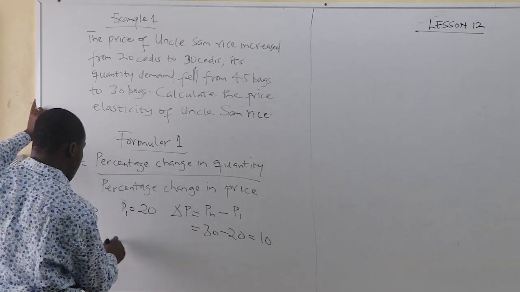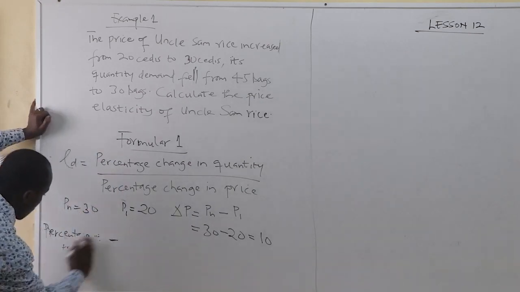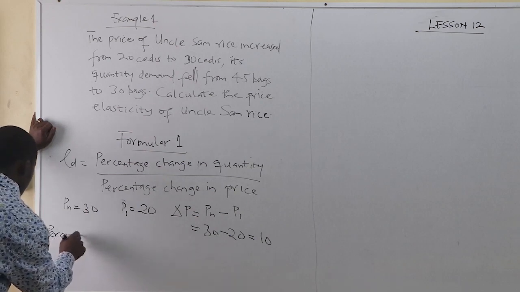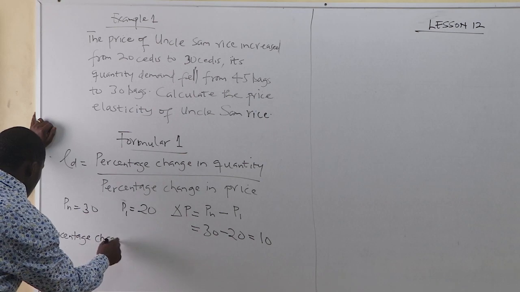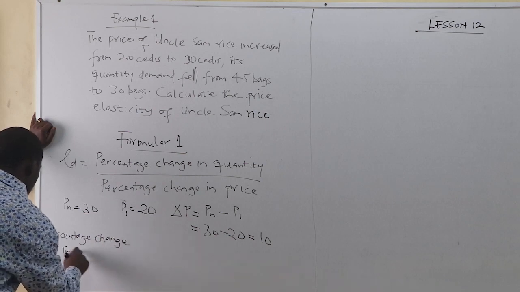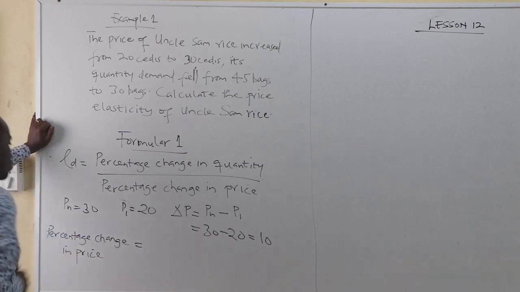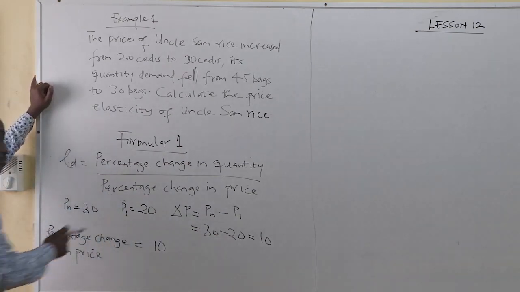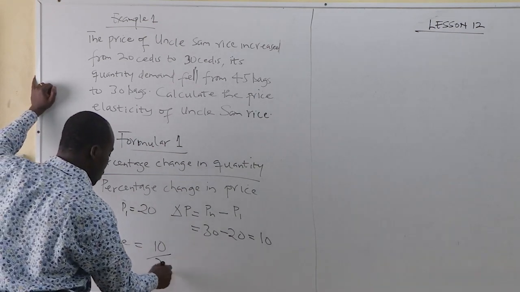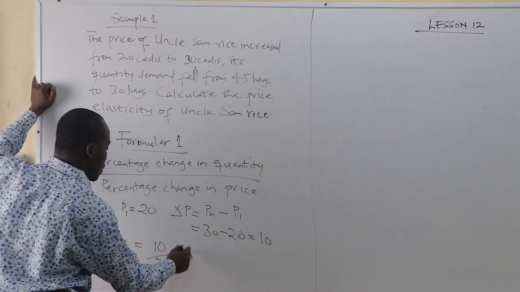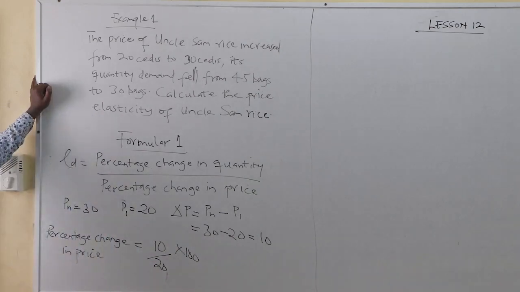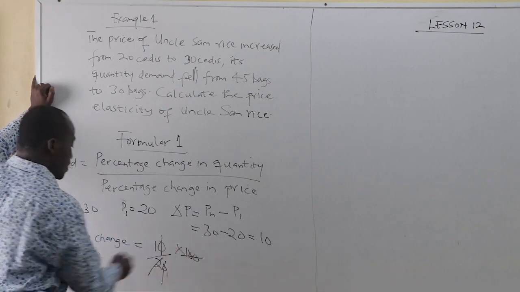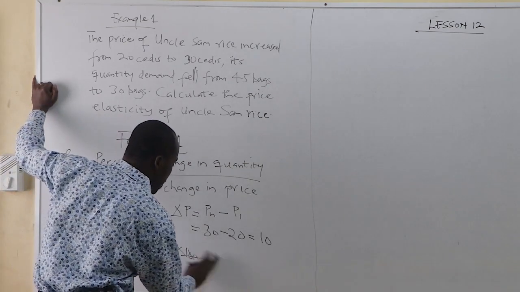The percentage change in price is equal to the change, 10, divided by the initial price, 20, times 100. So this cancels this. This cancels this. What do you get? You get 50%, right?